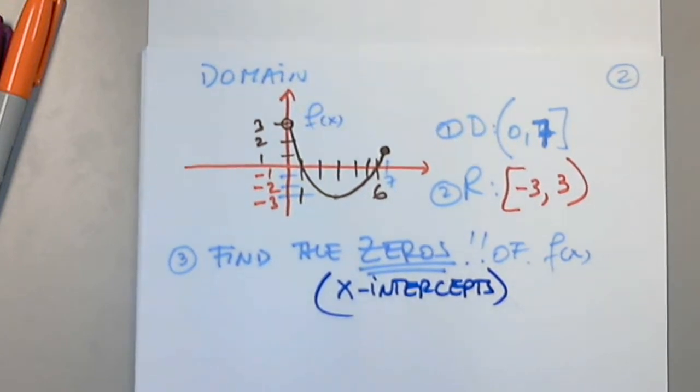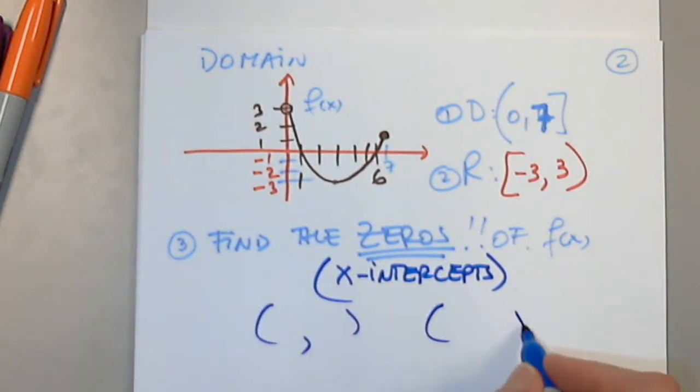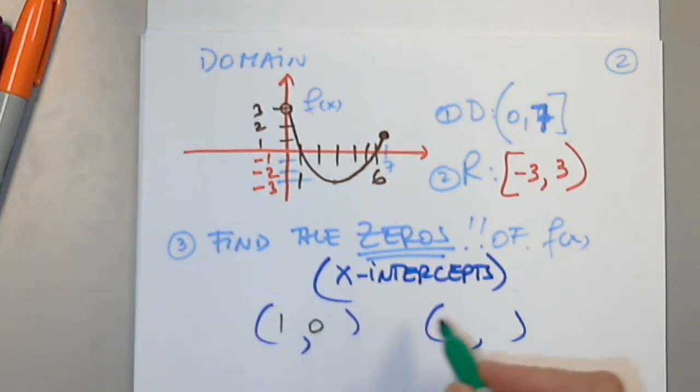Same thing. Not to confuse you, but they are used interchangeably. Sometimes you will be asked to find the zeros. Sometimes you will be asked to find the x-intercept. It's the same thing. So I always kindly ask you to present them as an ordered pair. Can anyone give us the x-intercepts? 1, 0, 6, 0.